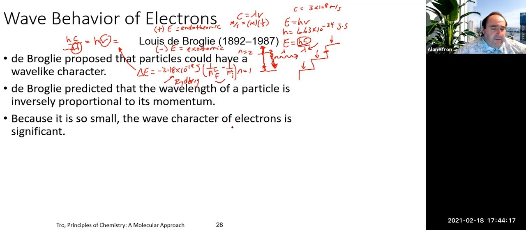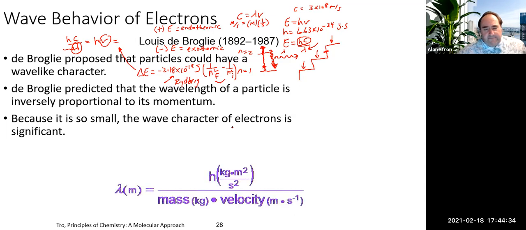And that's what deBroglie really proposed. He proposed that particles could really have this wave-like behavior. He predicted that the wavelength of a particle is inversely proportional to its momentum. And because particles, for example, are so small, the wave character is very significant. So this is what is sometimes referred to as the deBroglie wavelength.